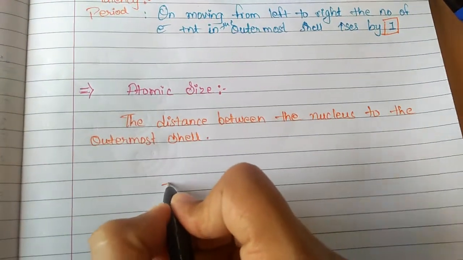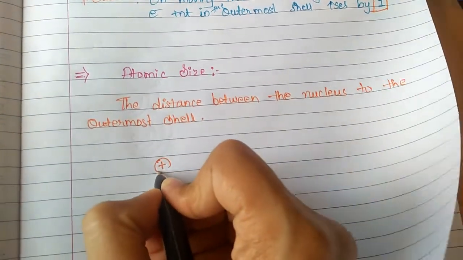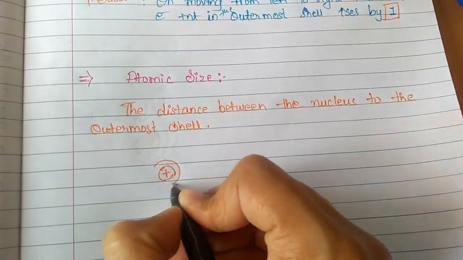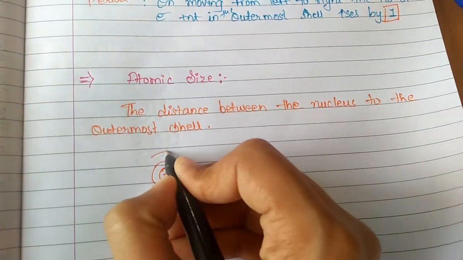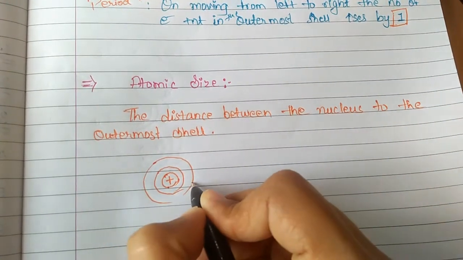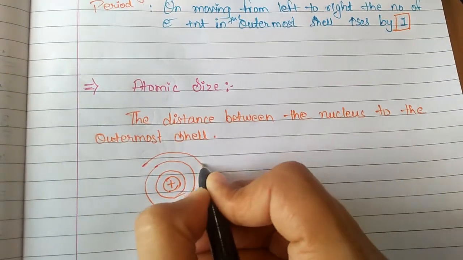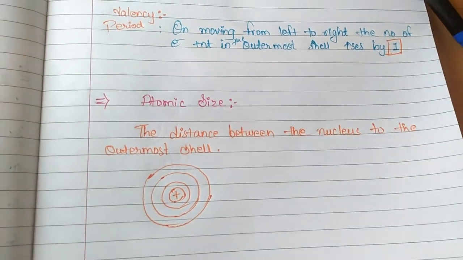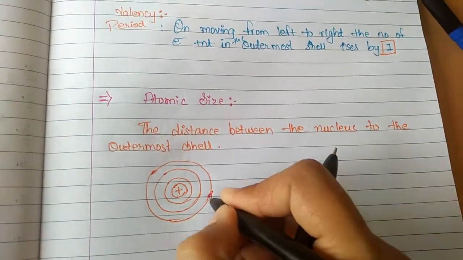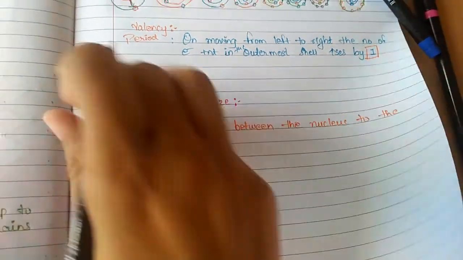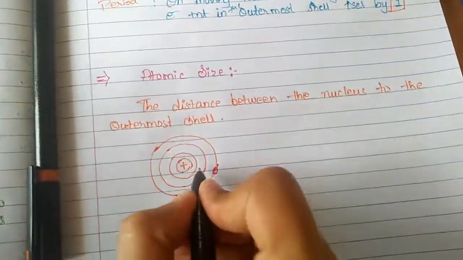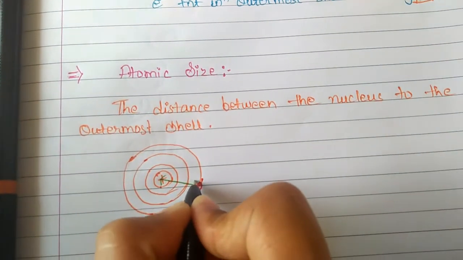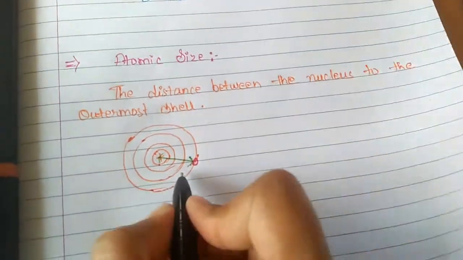If we are talking about any atom, this is its nucleus, and if the last electron is present in the third shell somewhere here, then the atomic size of that atom is the distance between this nucleus and the outermost shell.